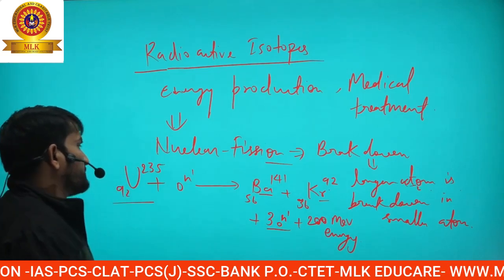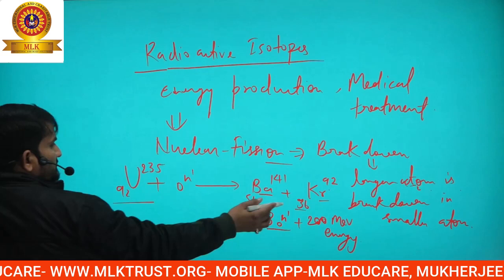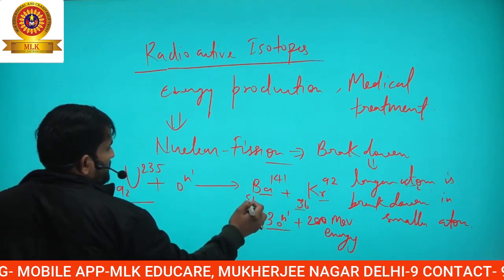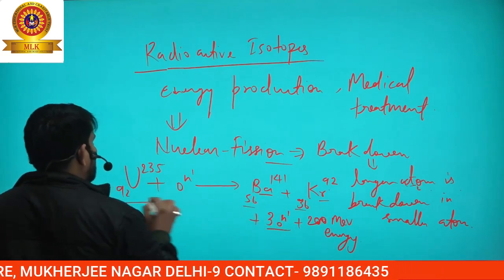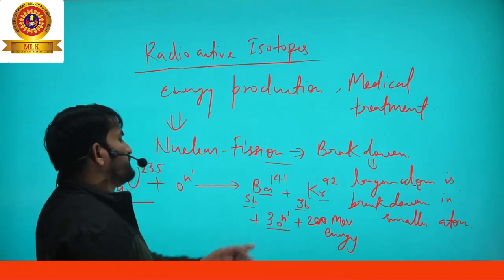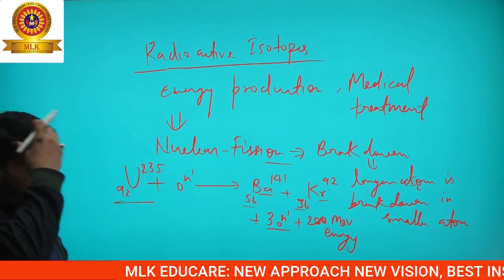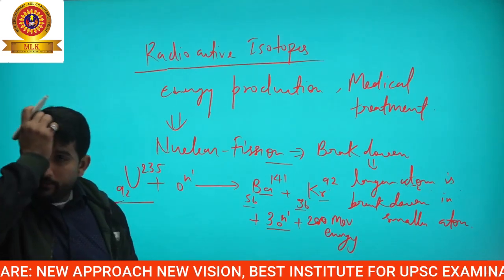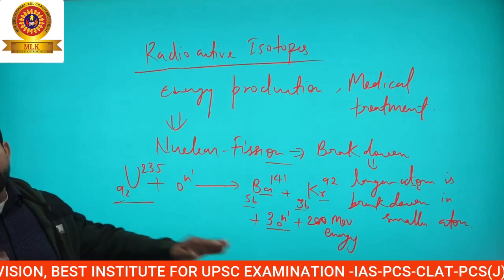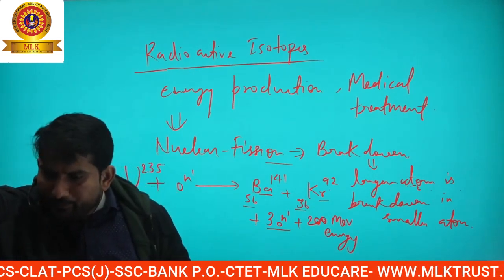Okay, the 56 and the 36 make 92, and there is 0, ठीक है. तो न्यूट्रॉन पे कोई चार्ज नहीं होता है, ठीक, तो दिस इज द 0. Okay, and it releases 200 mega electron volt energy, ठीक.